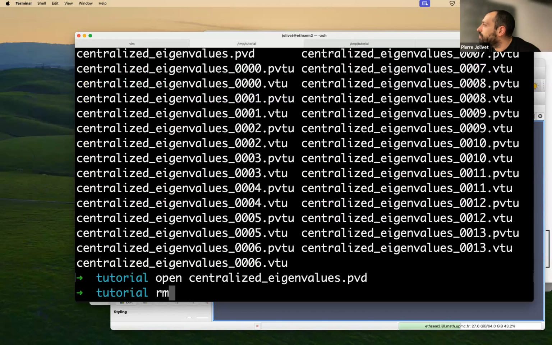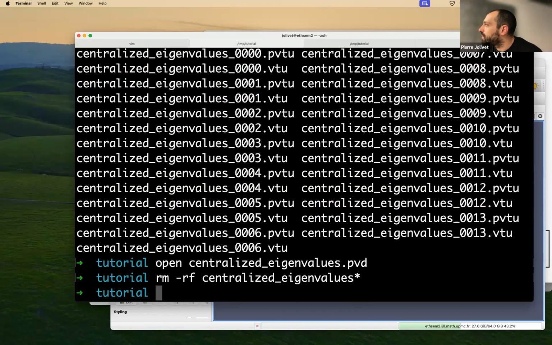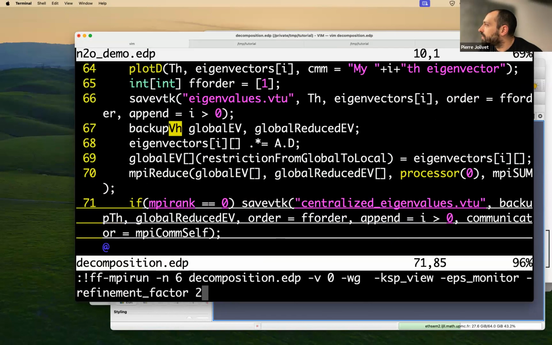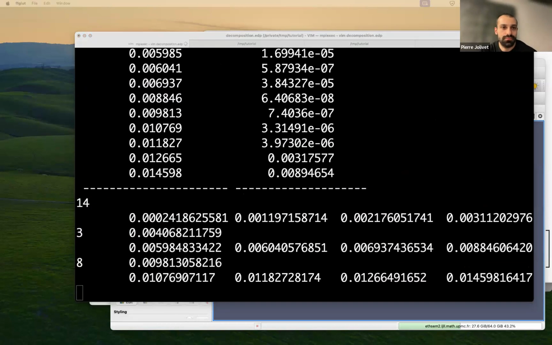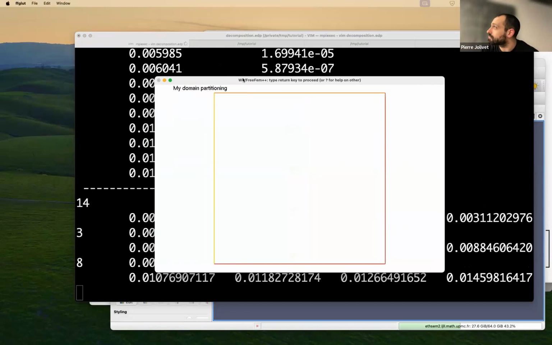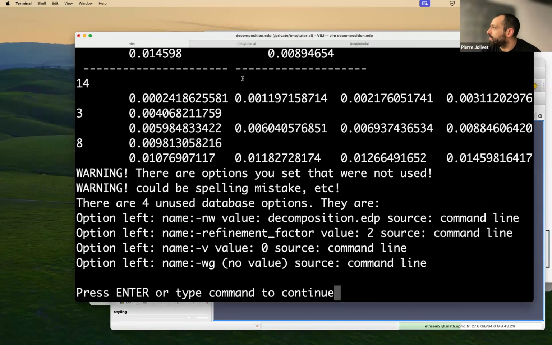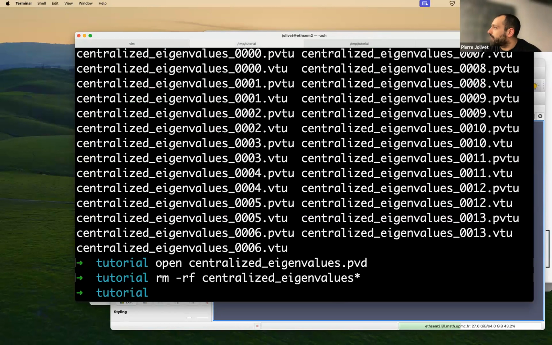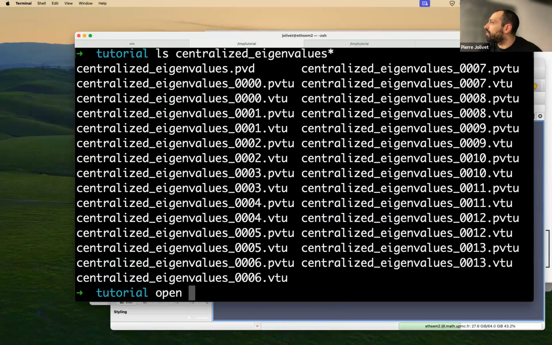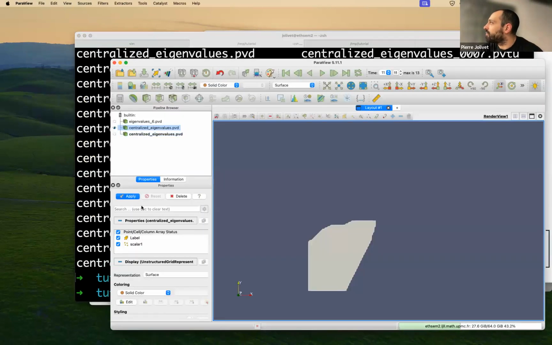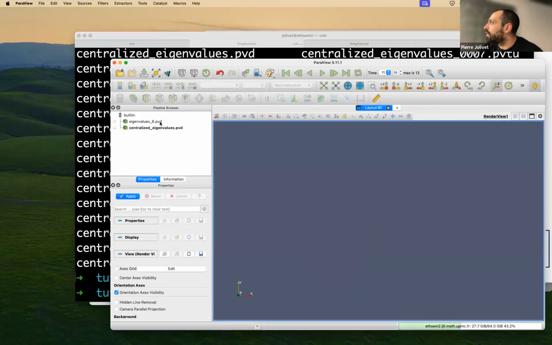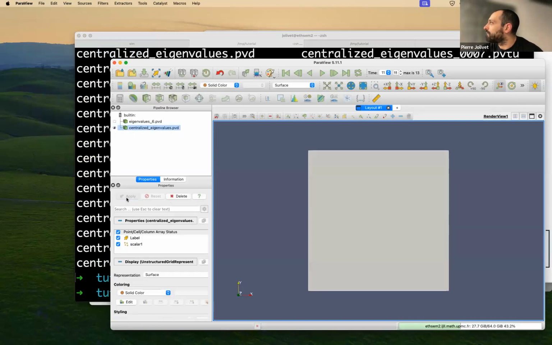Okay. So just for good measure, let's remove all the centralized files and then let's run this again. Okay, ls centralized. We still have the master file .pvd. We open it again. We remove this one. Boom.